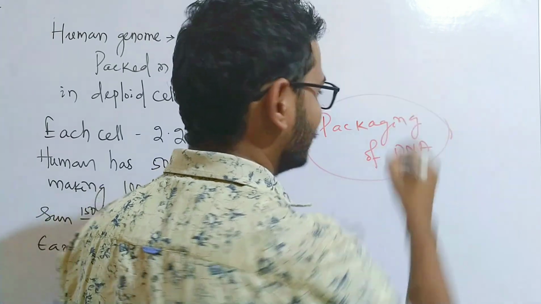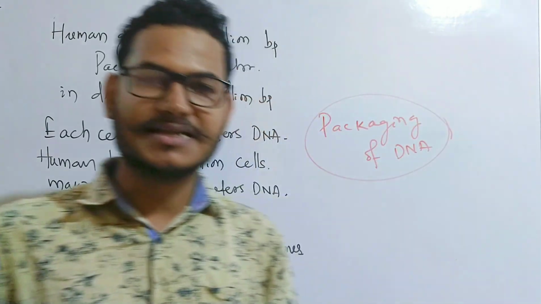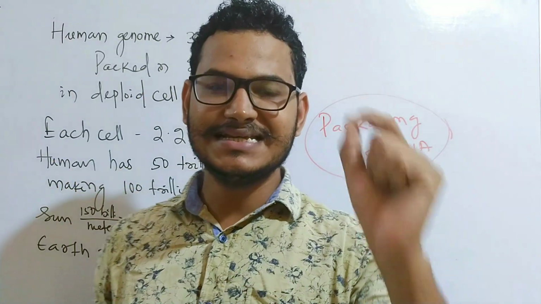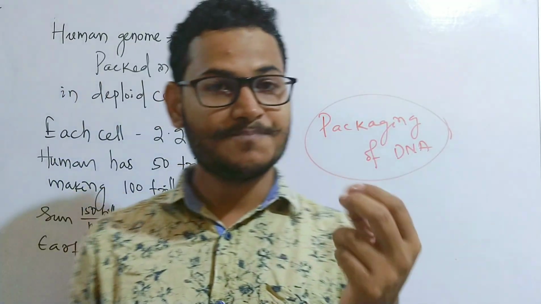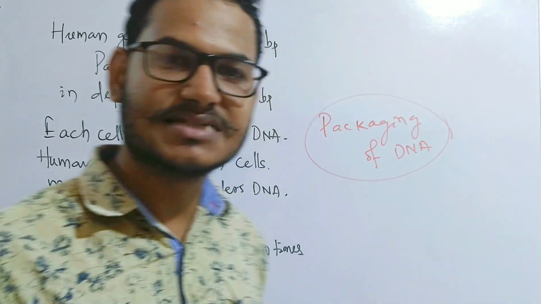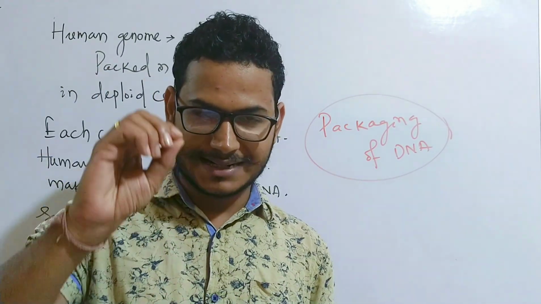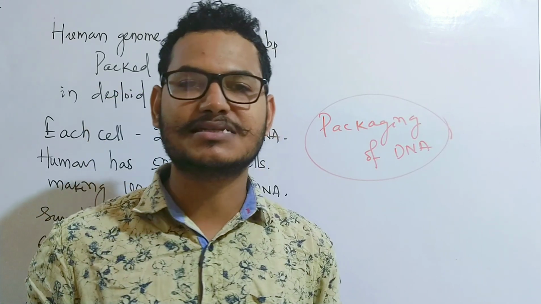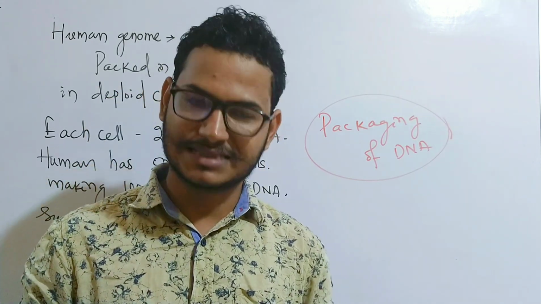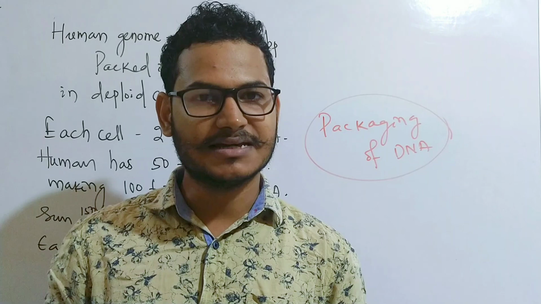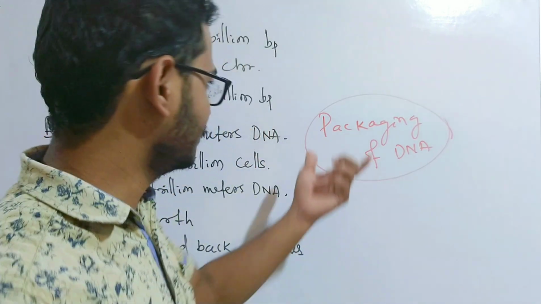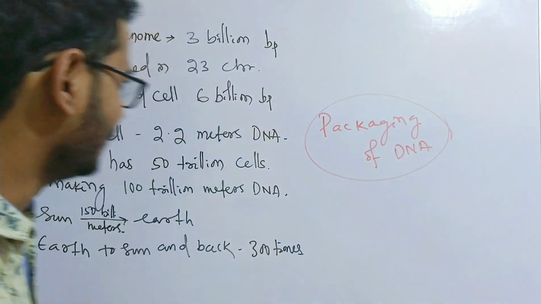How is the DNA packaged inside a very teeny cell? We know the size of the nucleus is again very small as compared to the cell, and inside that small nucleus, how is the long thread-like structure of DNA arranged? So we will study about the packaging of DNA.